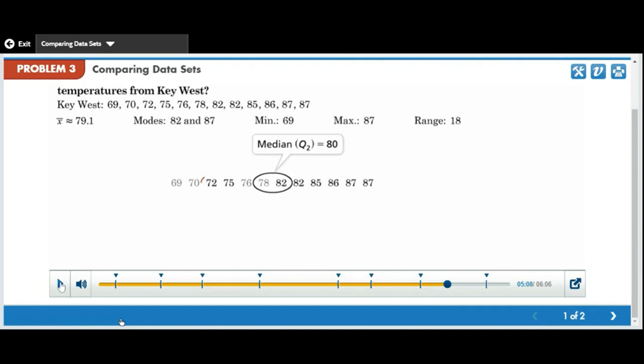Then find the first quartile by taking the median of the lower half of the data set. And similarly, find the Q3 by taking the median of the upper half of the data set. The median of the lower part is 73.5. Now find the third quartile.